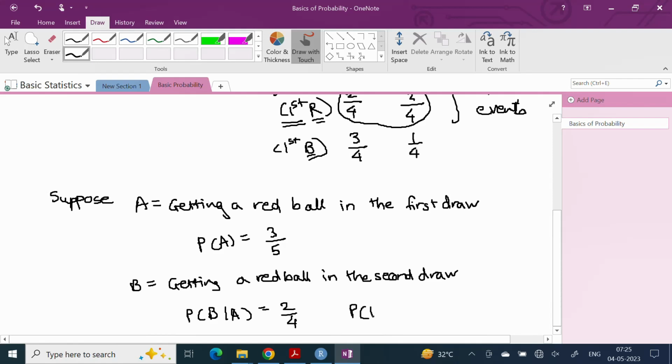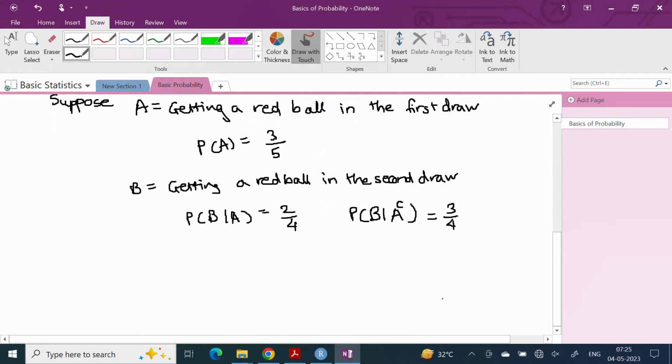On the other hand, the probability of B given that A complement has happened, meaning the first ball had been blue, is 3 by 4. So the probability of B changes depending on whether A has happened or A has not happened. This probability is known as conditional probability.